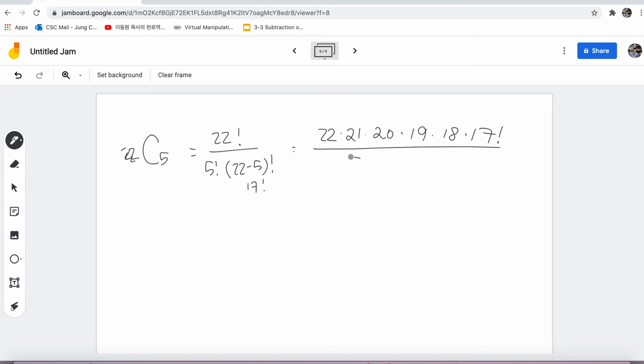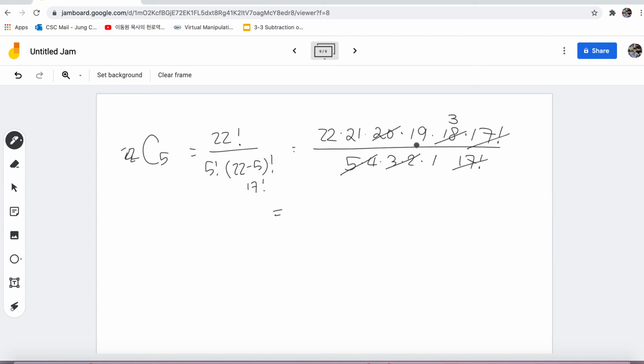You can stop there because we know it's going to be 17 factorial down here and it can be cancelled. 5 factorial is 5 times 4 times 3 times 2 times 1. So 17 factorials are cancelled. What else do you see? 5 and 4, that's 20. So 20 is cancelled. 3 times 2, 6. 6 times 3 is 18.